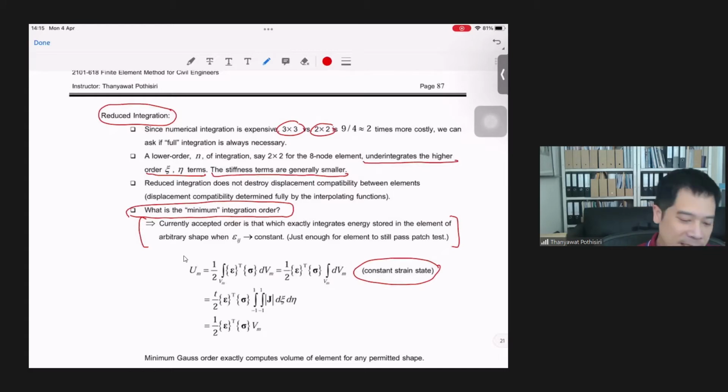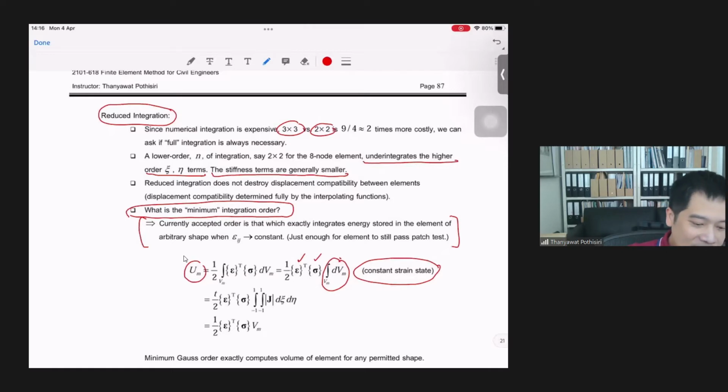So in this state, if you take a look at the strain energy, you will see that in order to compute the strain energy based on the constant strain state and constant stress, you need to be able to compute this, right? Okay, because if this is constant and this is constant, when you're computing the integral, you just pull these terms away from the integral. Okay, so basically you are left with computing the volume of the element.